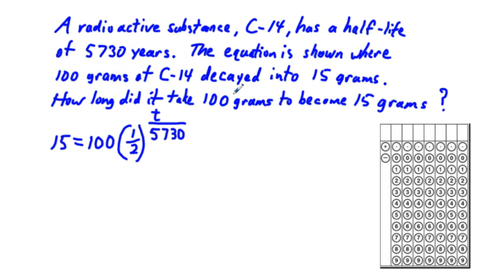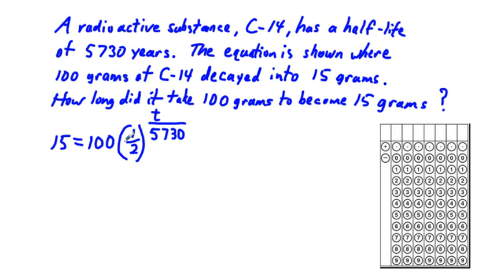Next, radioactive substance C14 has a half-life of 5,730 years. Equation shown where 100 grams of C14 decayed into 15 grams. How long would it take 100 grams to become 15 grams? And basically, you can solve by graphing.